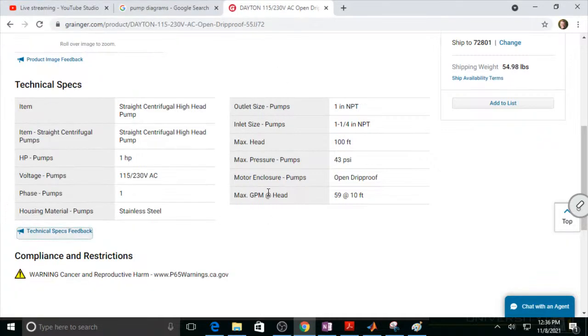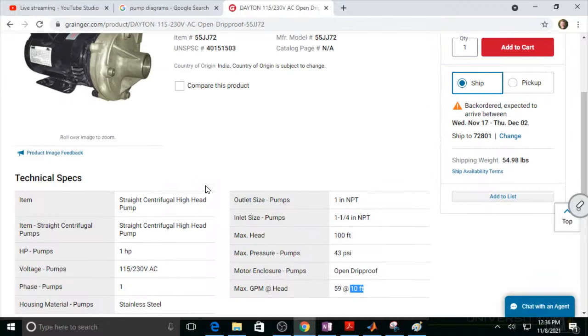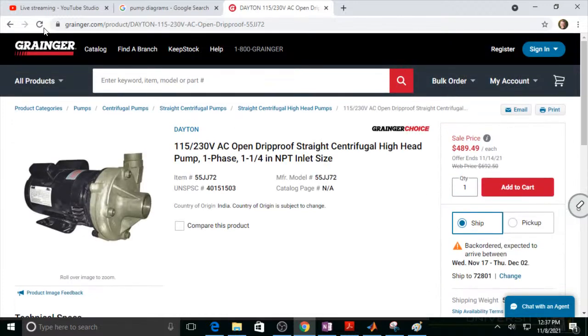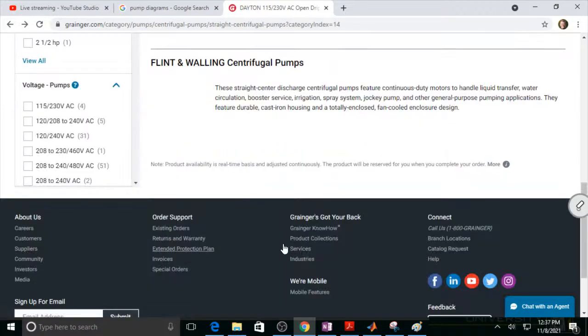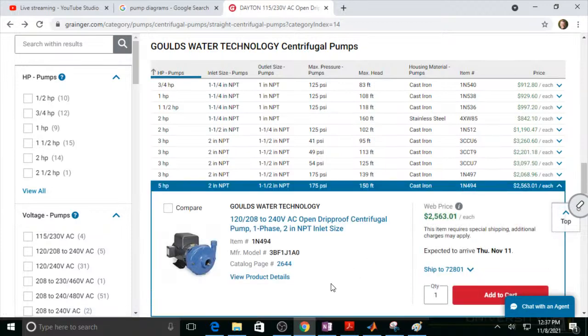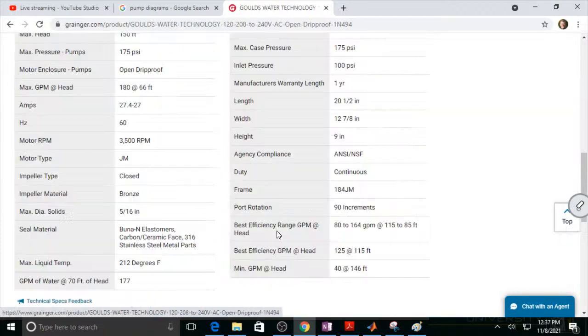He does not give me maximum gallons per minute at the head, 59 at 10 feet of head, maximum pressure. So he doesn't give me enough information to really create a nice pump curve. So let me go back, and I hate to make a selection based upon the fact that I can't create a pump curve out of it, but here, let's go to this one. Let's keep looking around till we get enough.